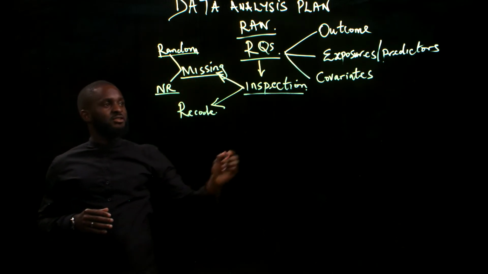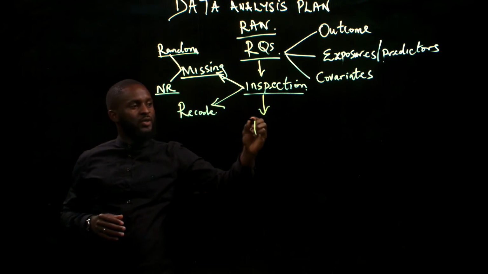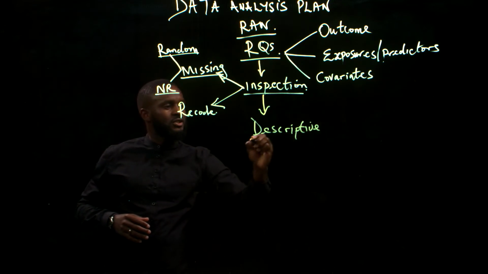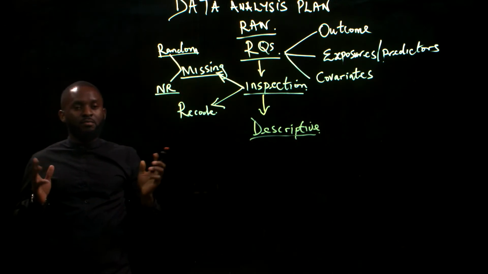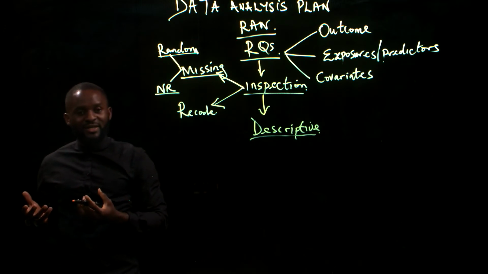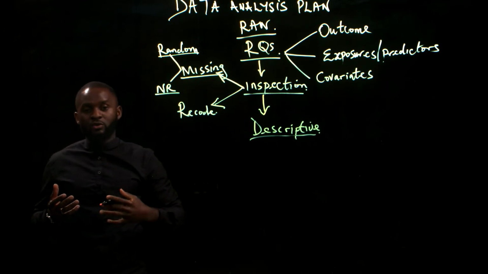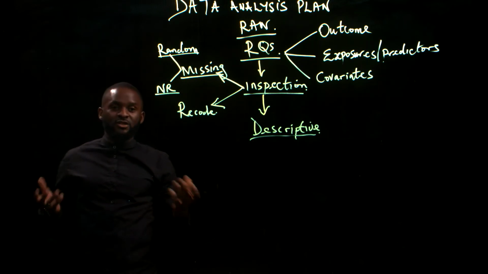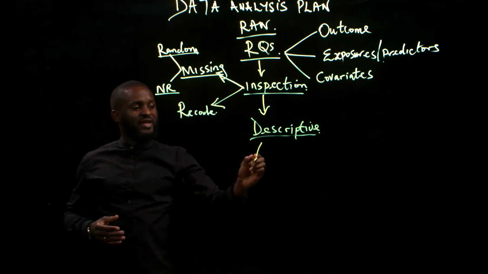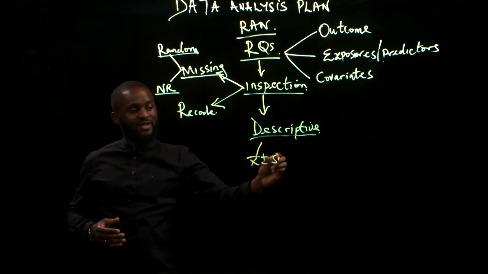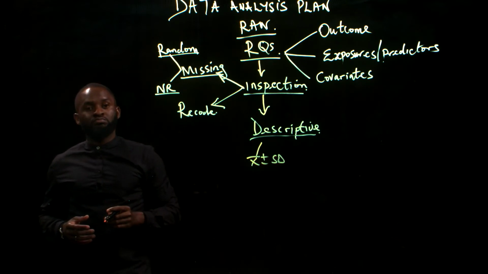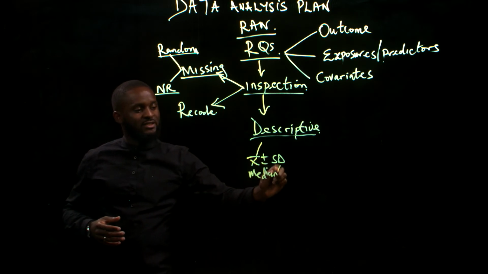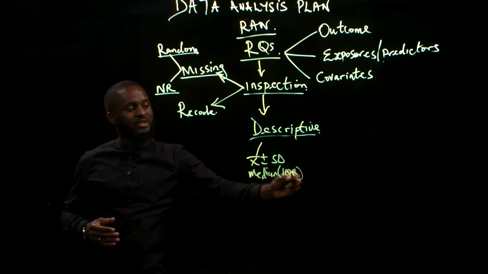When you're done with your data inspection, then you start with what we call descriptive statistics. Your descriptive statistics in this case might be quantitative data, in terms of numbers, for example, what is the average height of the population, or what is the average age of the population. So you will be representing things using mean plus or minus standard deviation. You would also use a median and interquartile range if your data is not normally distributed.